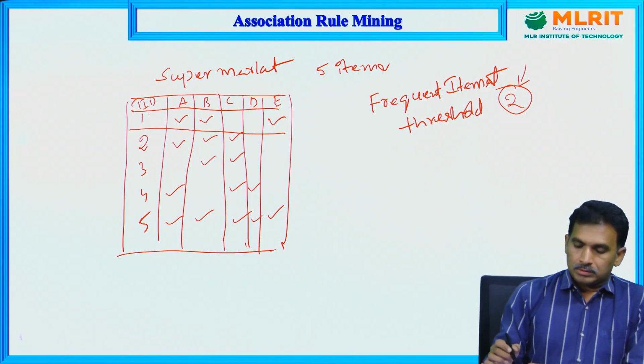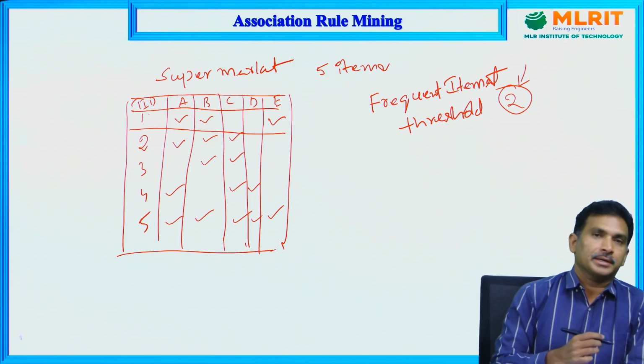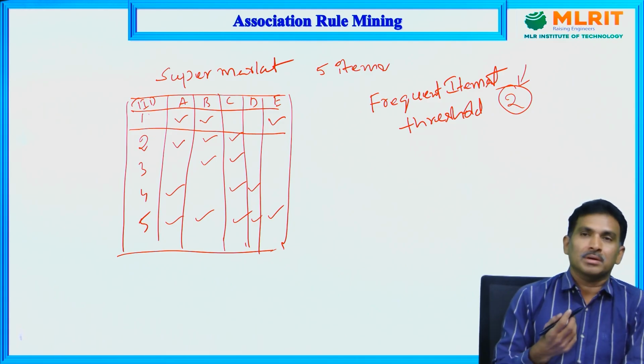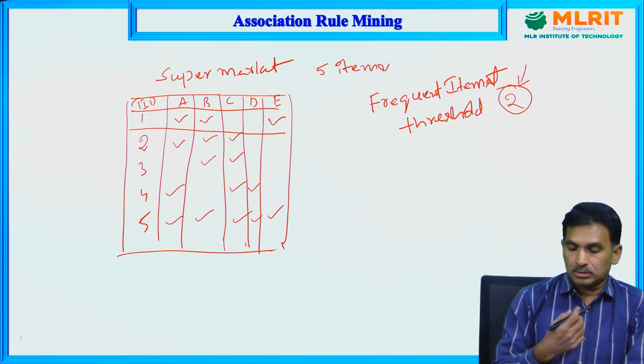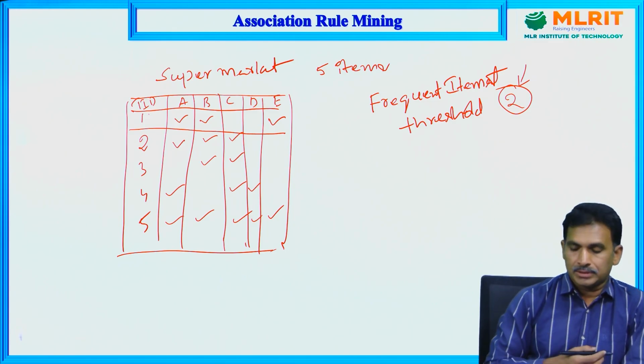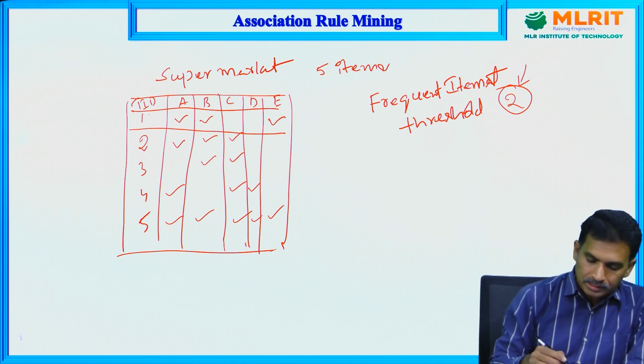So the items which appear in a transactional database, in 2 or more transactions, then that item set is called a frequent item set. Here again you will get a doubt, what do you mean by item set?